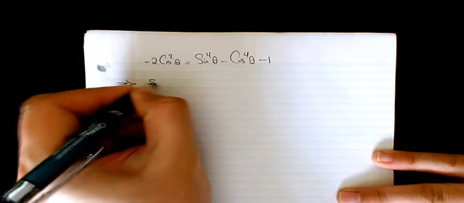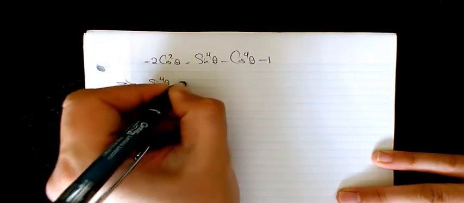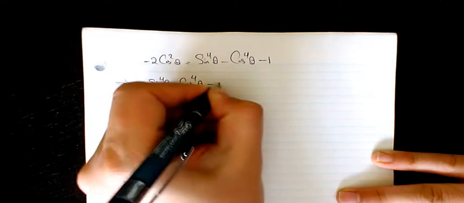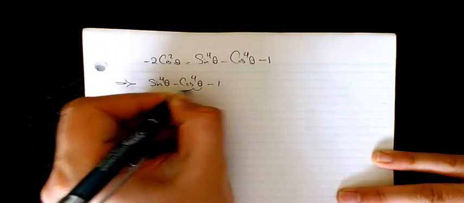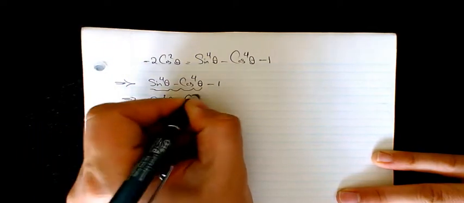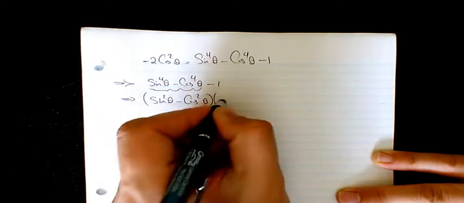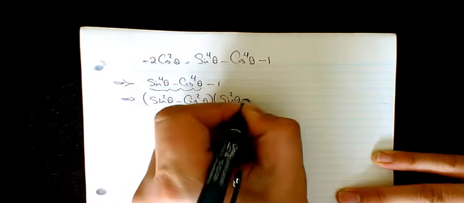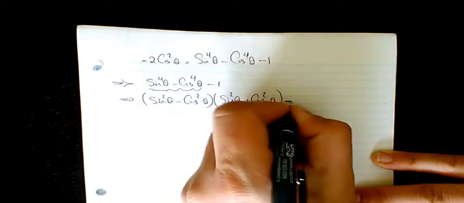So I will have sine to the power of 4 theta minus cosine to the power of 4 theta minus 1. Instead of these two, I can write sine squared theta minus cosine squared theta times sine squared theta plus cosine squared theta minus 1.